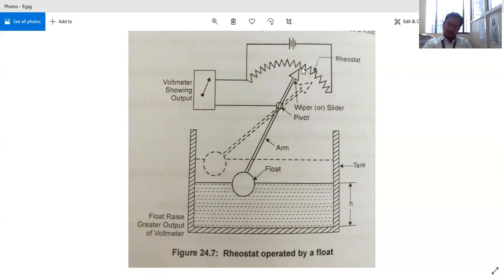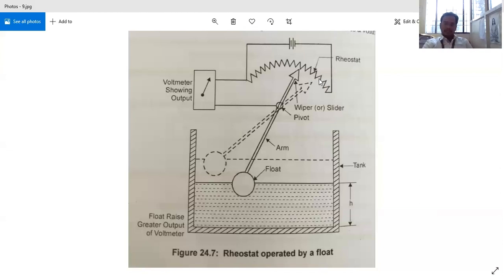This float has a slider or wiper having a contact at this point. Now when the level increased, because of the slider movement, the contact has changed from this point to this point. During this, the resistance is changing. The length of the resistor, this rheostat length, is changing.